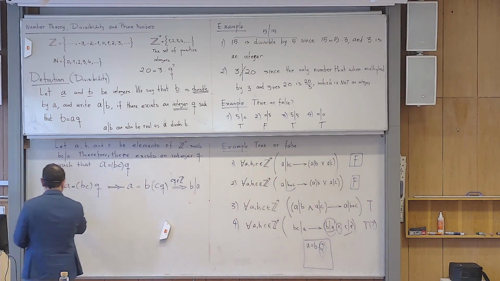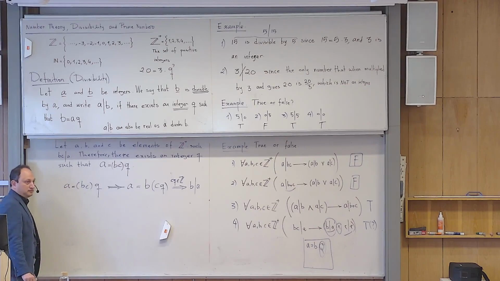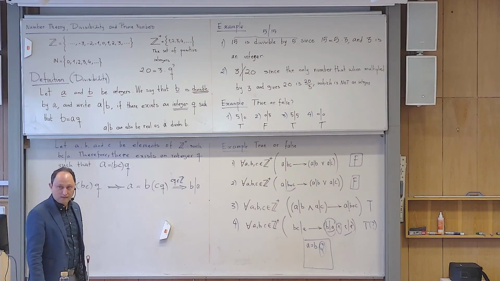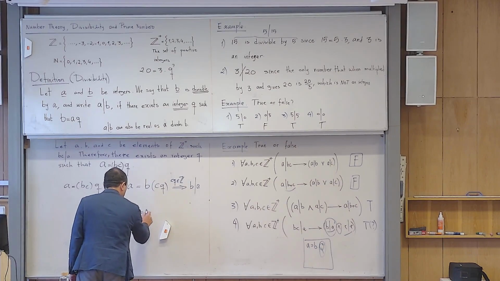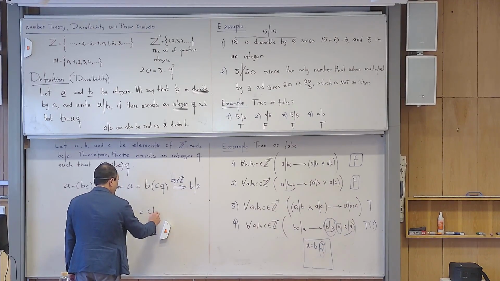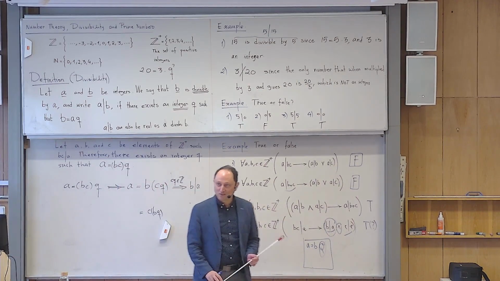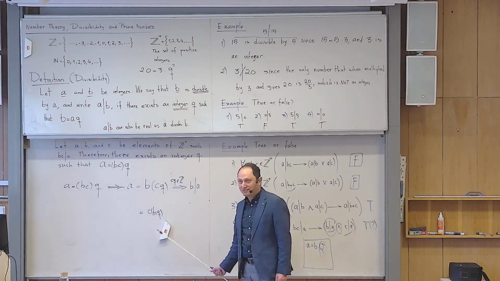So what do you write here now? Yes? A is equal to C times BQ. So what you said is equal to what? CBQ. Because what I heard, I write. Assume that I'm a robot. So what you say, I write. Is it finished?